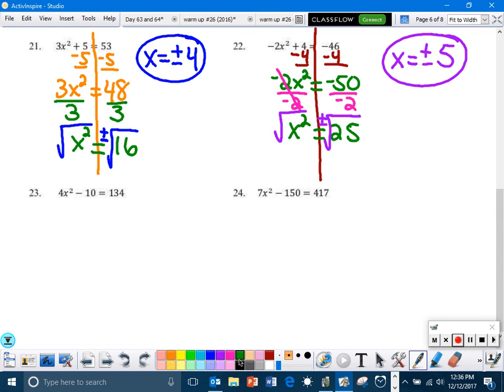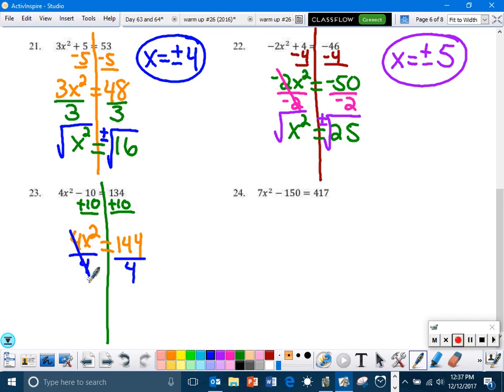Okay, 23. Step 1. Step 2. 144 divided by 4 is 36.